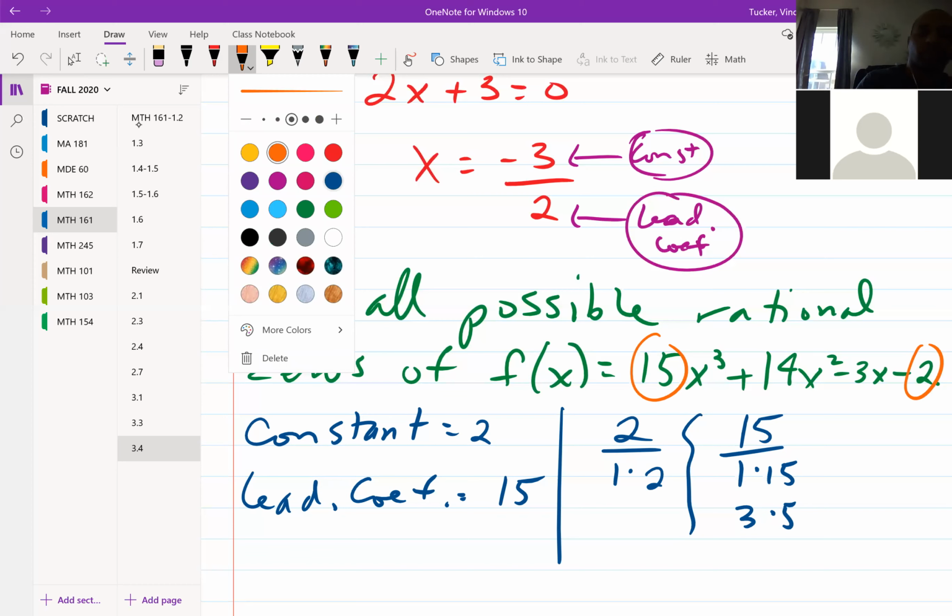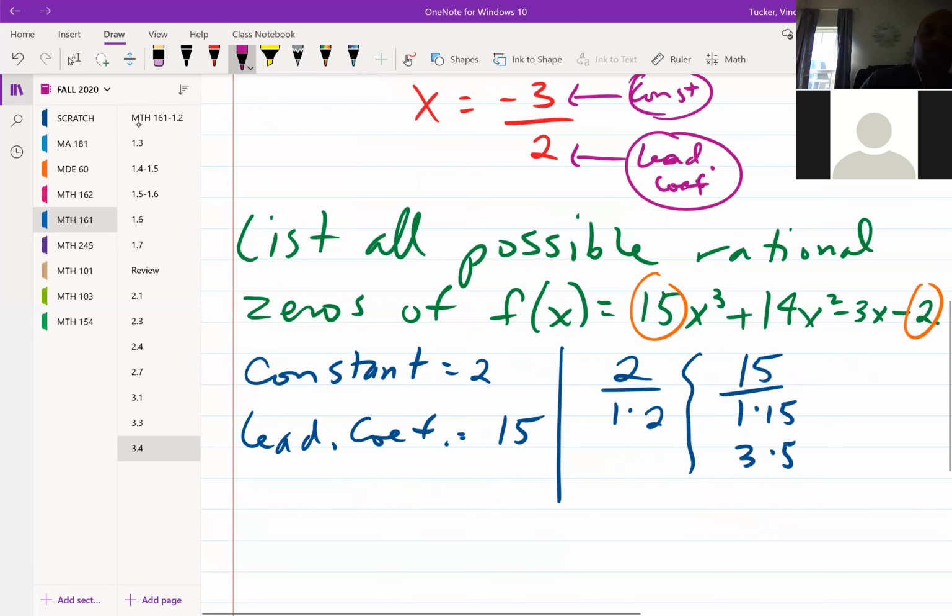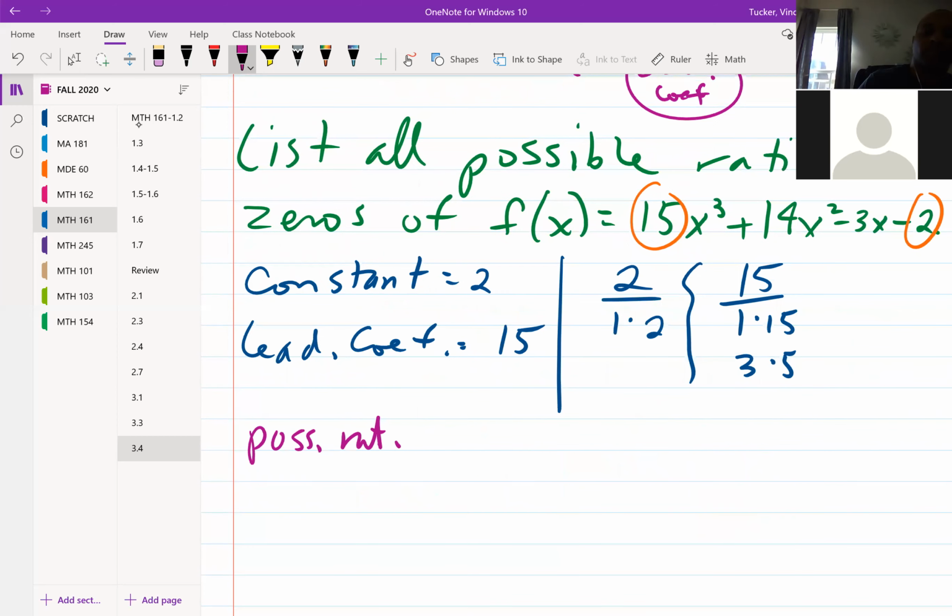All right. So setting up our possible rational zeros, we can just do plus or minus. The plus or minus is attached to each term that we create. And so we're talking about the factors of your constant over the factors of your leading coefficient.